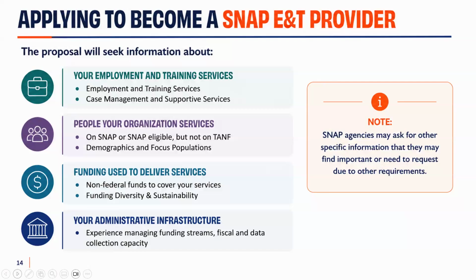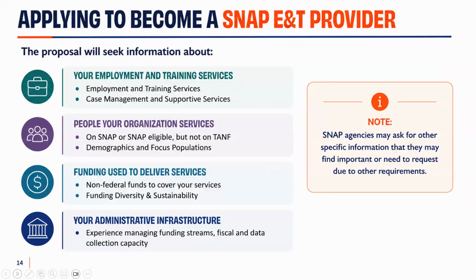How are you overseeing the development of your staff and making sure that they're doing the things that they need to do for the employment and training? What fiscal controls do you have in place to make sure that the invoicing is correct and that everything you're submitting is allocable and directly related to your SNAP E&T? Things like that.